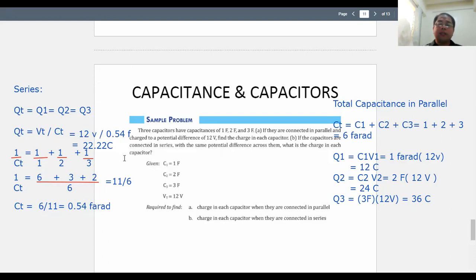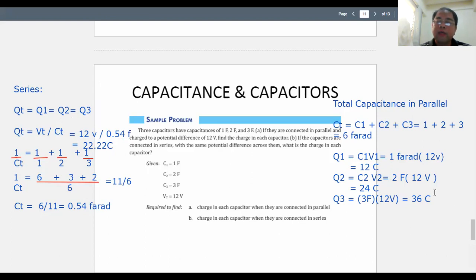Now, what happened to our total charge? What else are we looking for? The individual charge. Our total charge, which equals Q1, Q2, Q3, became somewhat larger because of the way the capacitors are connected.